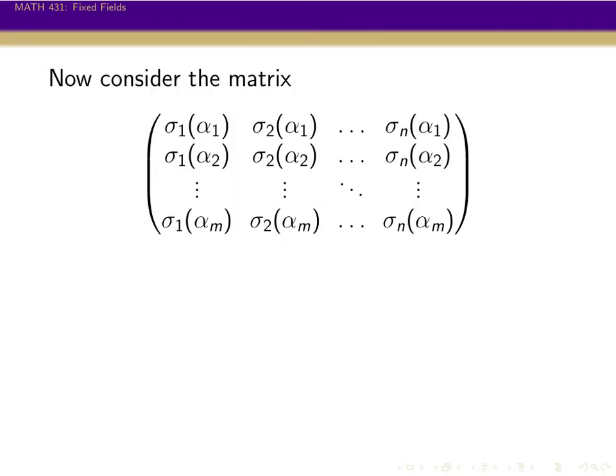So let's consider the matrix. We considered this matrix in the last video, so we're going to use it again, except now things are different. Last time there were fewer things in the basis than there were elements in the group. Now it's the other way around.